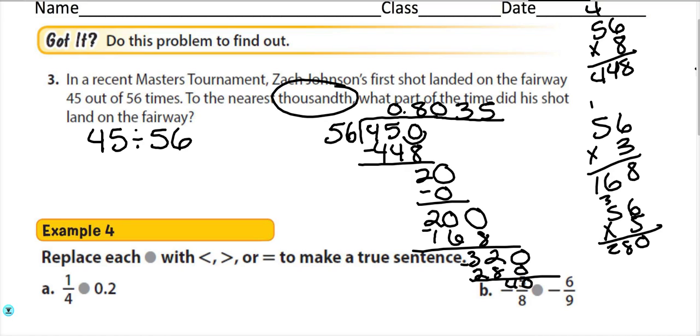So it'll be approximately, which is a squiggly equal sign, 0.80, and then we got to round up because it's 5. 5 or more, let it soar, so it'll be 0.804. So about 80%. Okay?